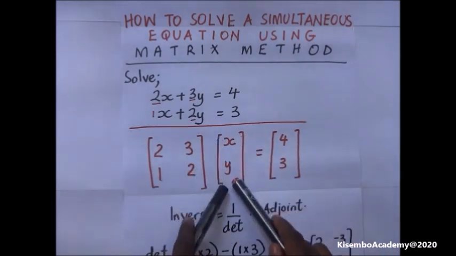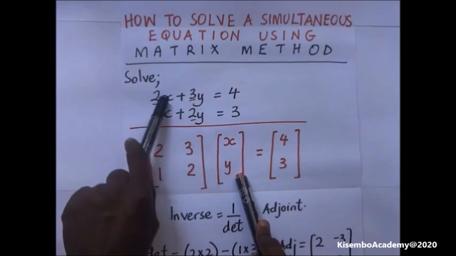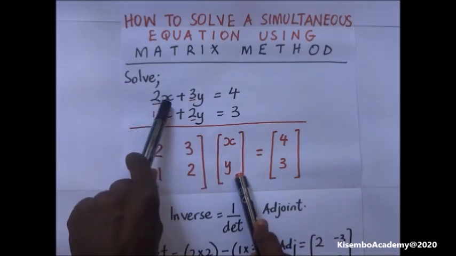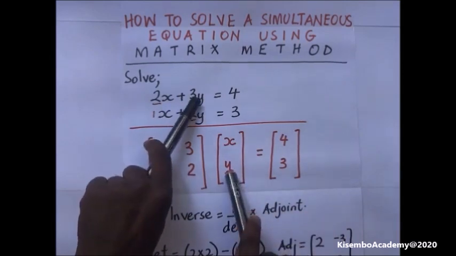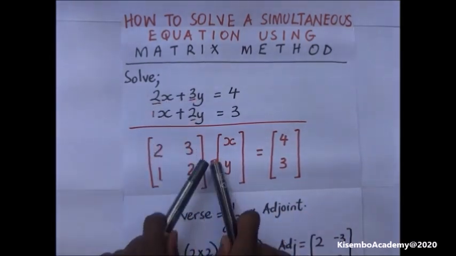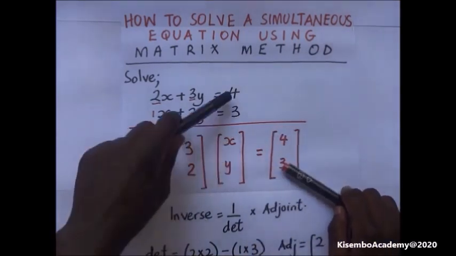The order of this matrix, the way we present them, depends on which comes first here. Here it is x that comes first, then y next. So this matrix multiplied by x, y is supposed to give us 4, 3.